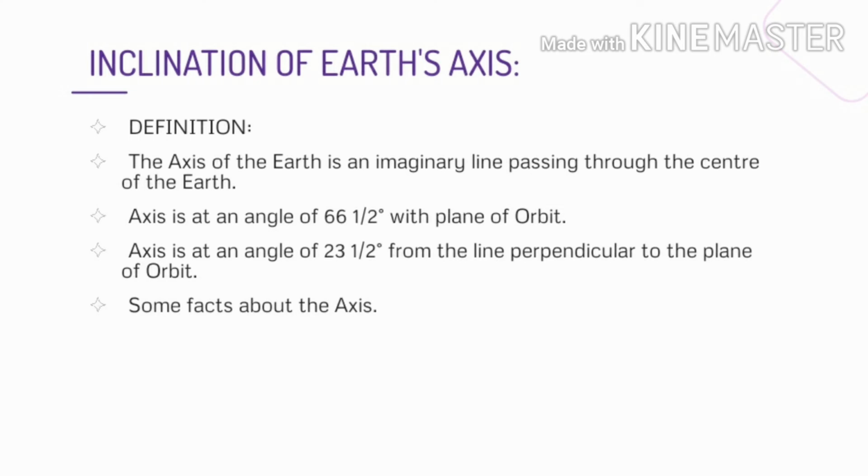Next, the axis is at an angle of 66.5 degrees with the plane of the orbit. It means that the axis is not at a right angle with the plane of the orbit, or the plane of the ecliptic.